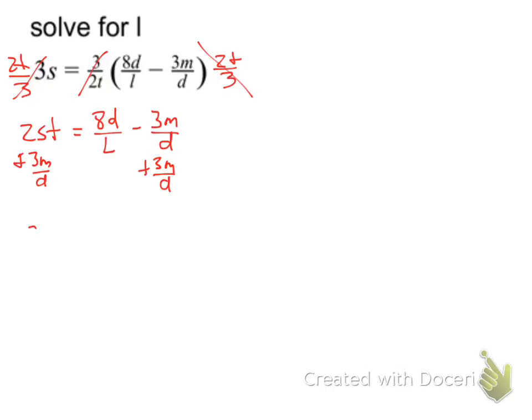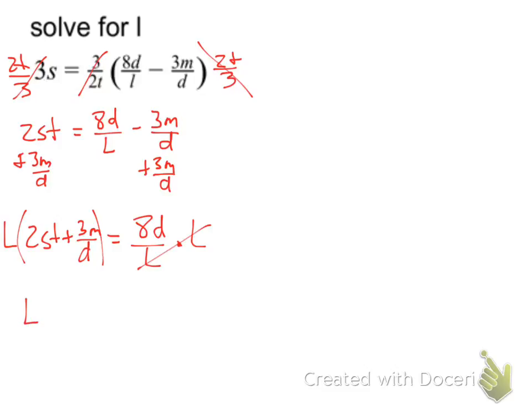So I am left with 2st plus 3m over d is equal to 8d over L. Multiply by L. This one's actually pretty straightforward, isn't it? At least I hope so. So L times 2st plus 3m over d equals 8d.